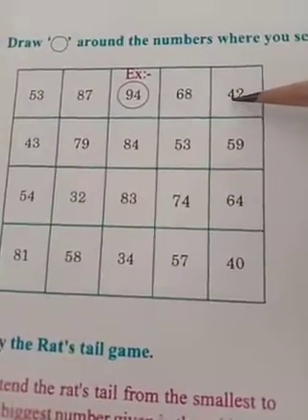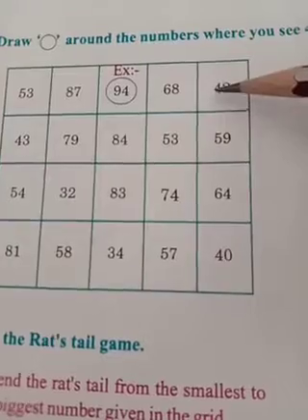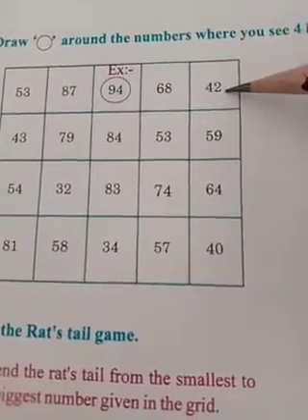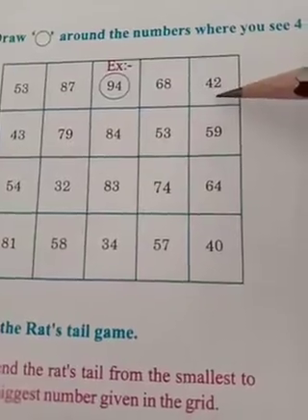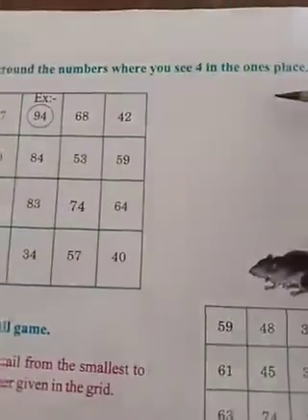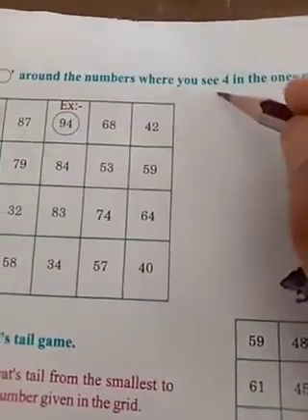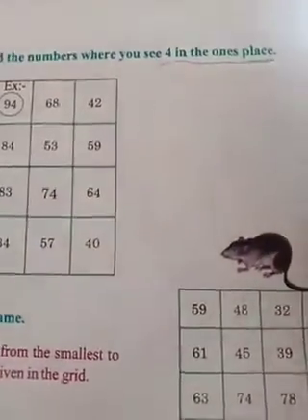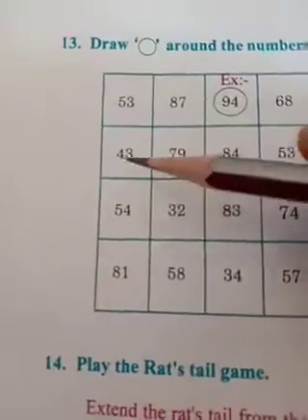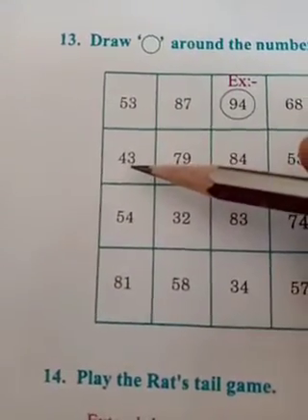So which number will we take? 4 in the ones place only. If 4 is in the ones place, we take it. Here 3 in ones, 4 in tens place.